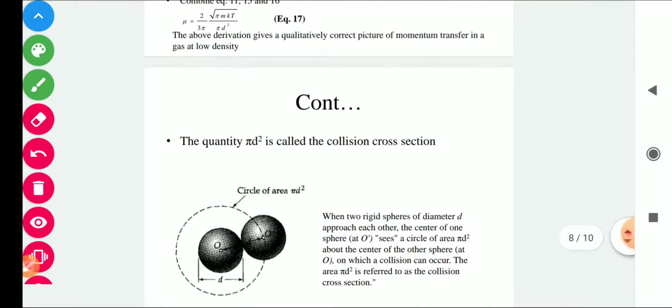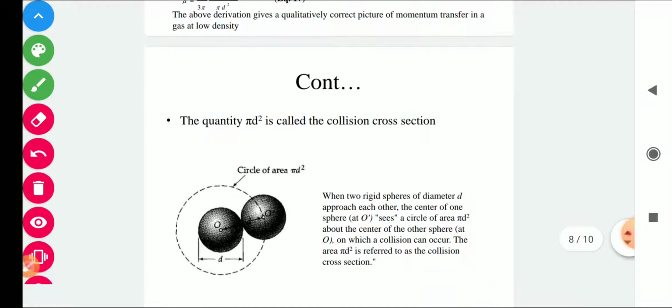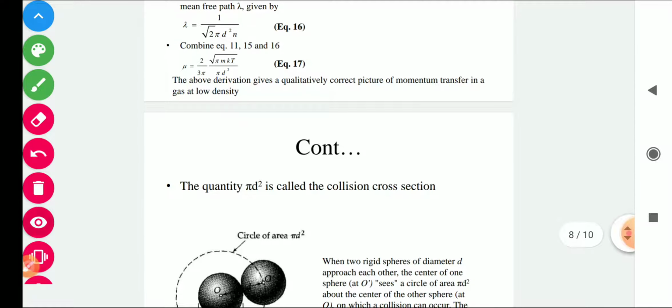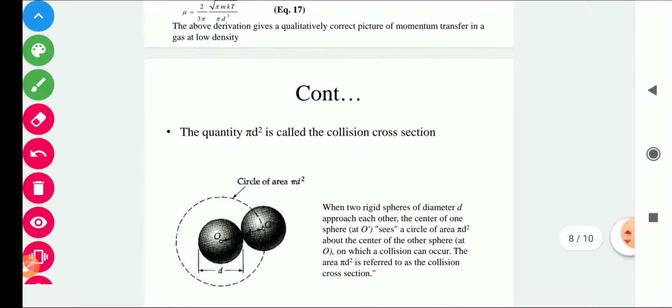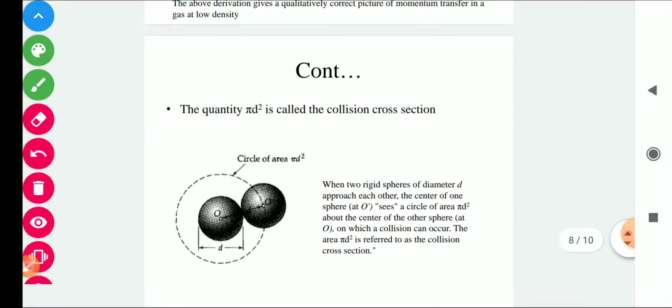In this, this pi d square is called the collision cross section. So the collision cross section is this one, this circle.